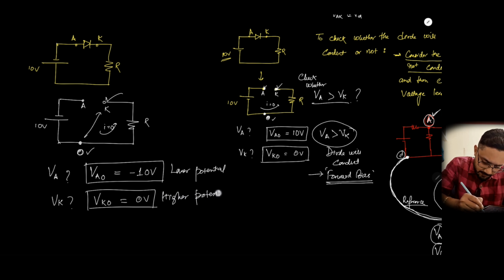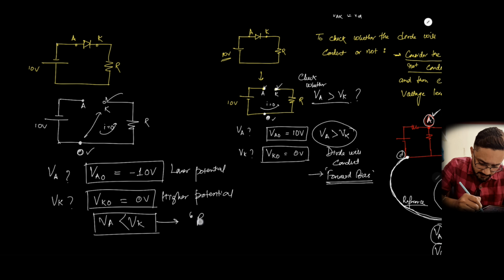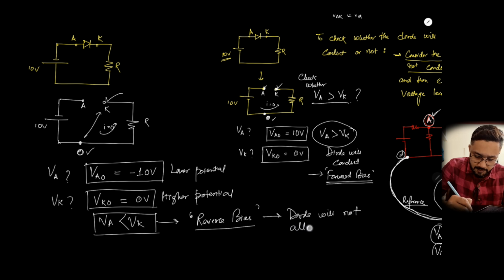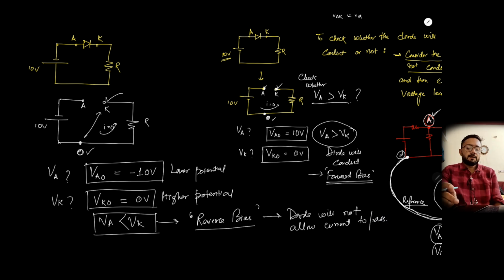So here VK is higher than VA. So this is a reverse bias condition, and the diode will not allow current to pass.